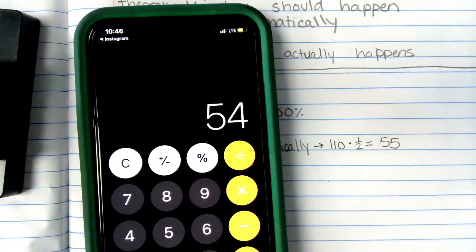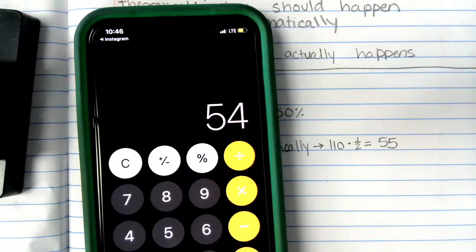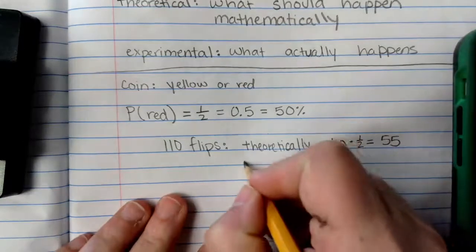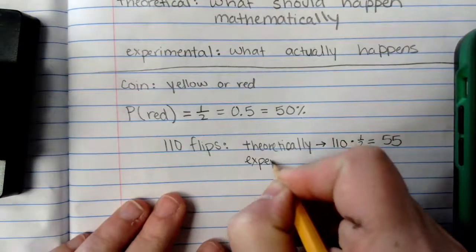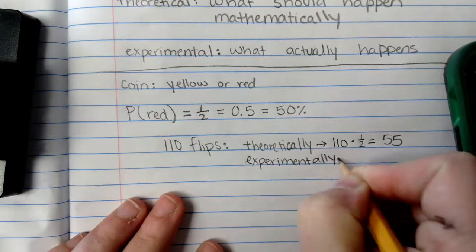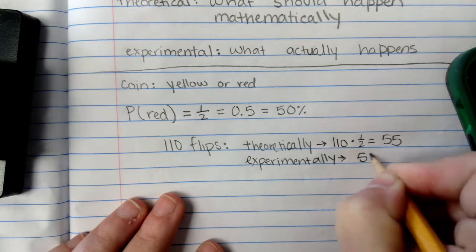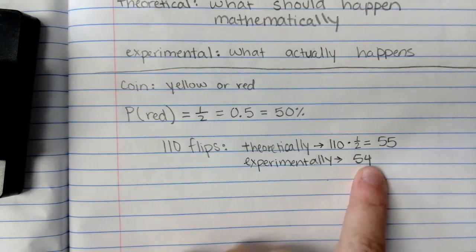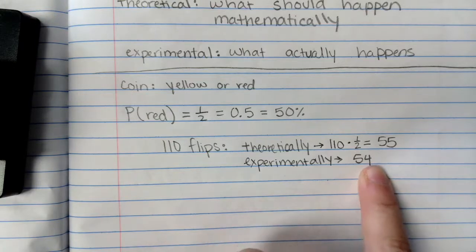So experimentally, we got 54. The other class, we were off by I think we had 72. That's nuts. All right, so for our experimental probability, we got it 54 out of how many times total? 110.